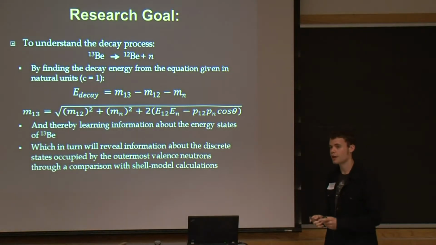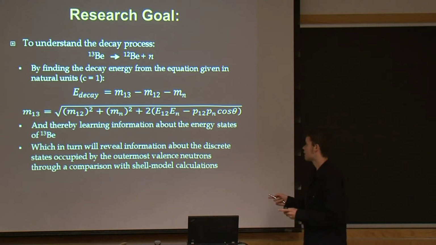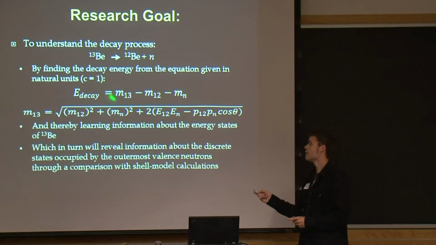And we do that by finding the decay energy of beryllium-13. The decay energy, given here, we're just using E equals mc squared in natural units, so c squared is equal to 1 and left out. We know the masses of the decay particles, so all we need to find is the mass of beryllium-13.